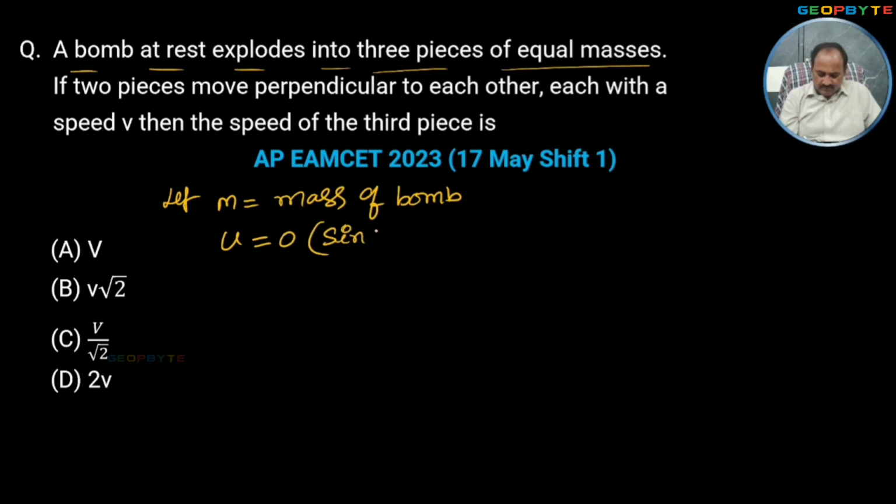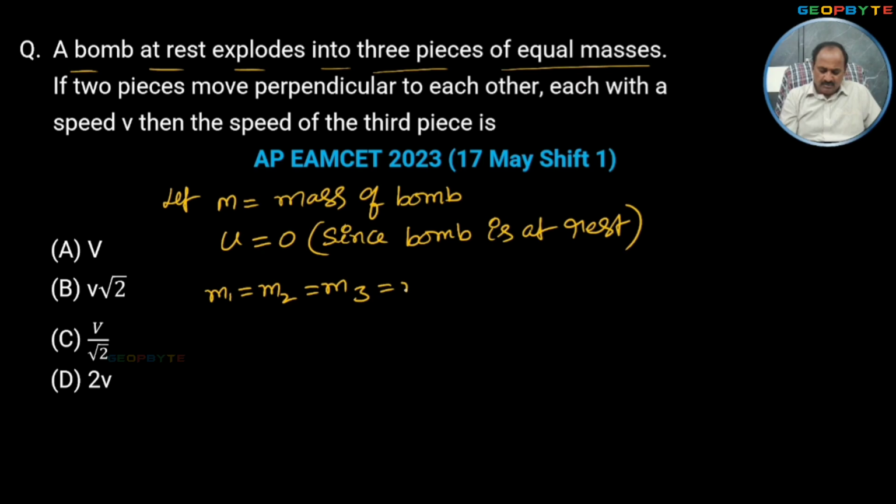Since the bomb is at rest, it is exploding into three equal masses. Three equal masses means m1 equal to m2 equal to m3. Let it be small m. If two pieces move perpendicular to each other, each with a velocity v, then the speed of the third piece is?